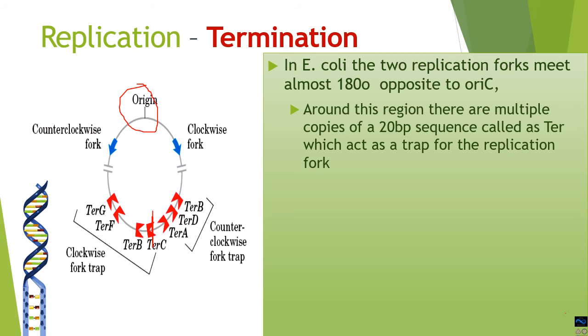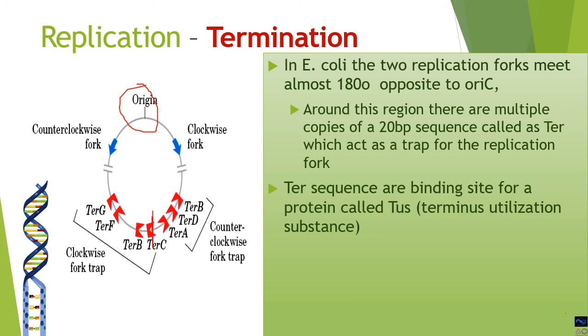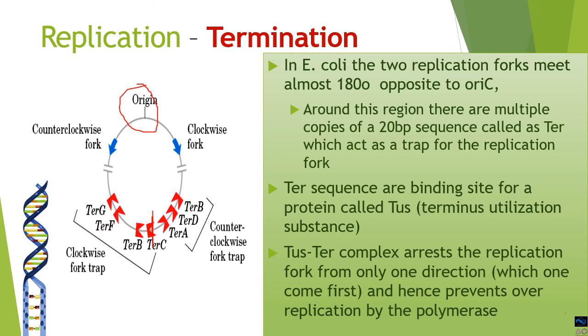What happens is in these Ter sequences, a specific protein binds to them, which are called Tus proteins, terminus utilization substances. They are the proteins which arrest the replication forks coming on either side of these sequences. So whichever of them comes first will be arrested first and will bring out the termination.